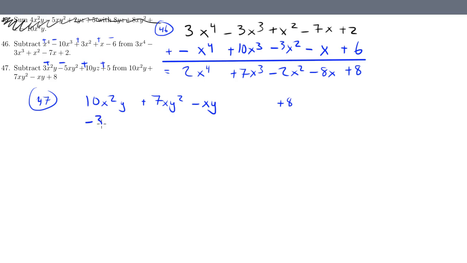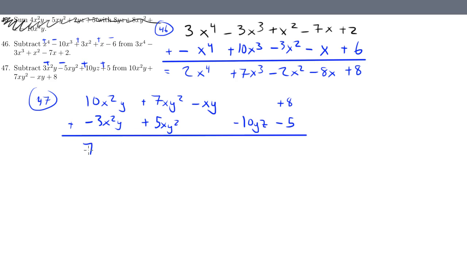So minus 3x squared y. 5xy squared plus 5xy squared plus 10yz. Okay. Plus, so that's going to be a negative 10yz. And then minus 5. Okay. 7x squared y plus 12xy squared minus xy minus 10yz plus 3. All right.